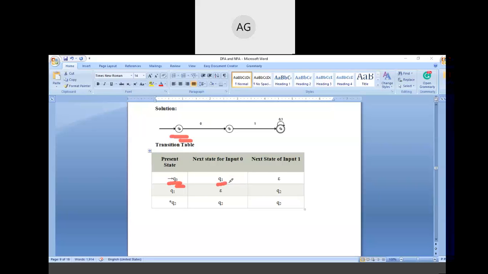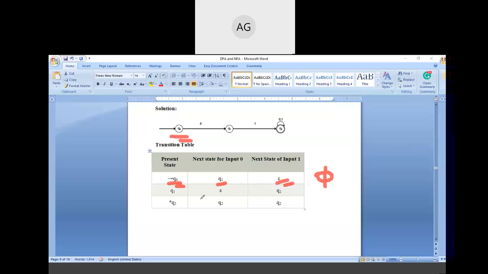But on getting input 1, there is no transition from the Q0. So we can write epsilon here. We can also write phi here. Both are applicable. It means the string with zero length, right?